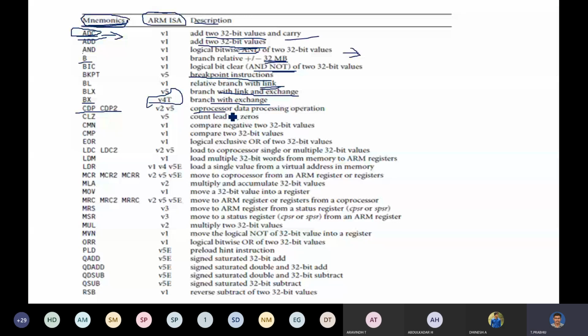And then EOR, that is exclusive OR of 2 bits. LDC is load to co-processor single or multiple 32-bit values, and LDM loads multiple 32-bit values from memory. So LDM is from memory to register.